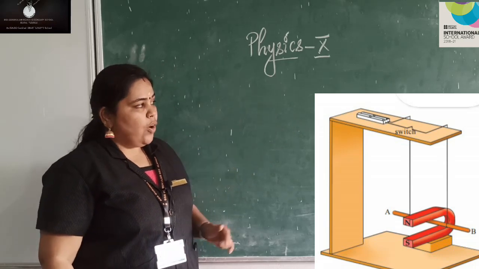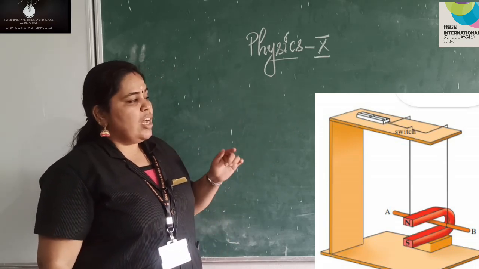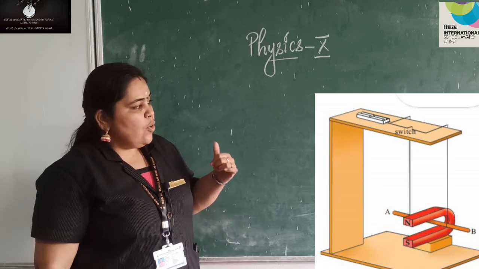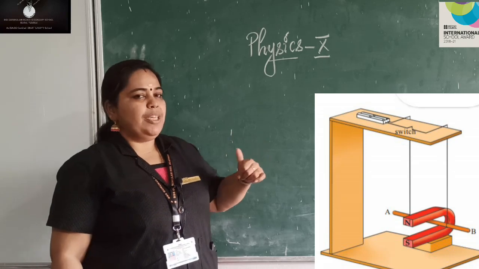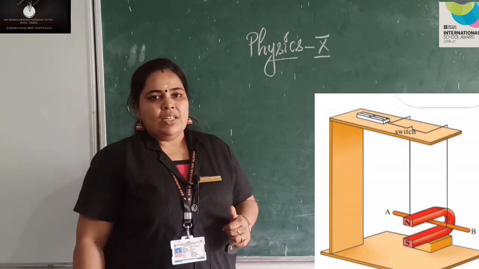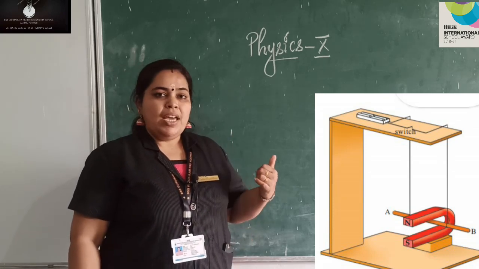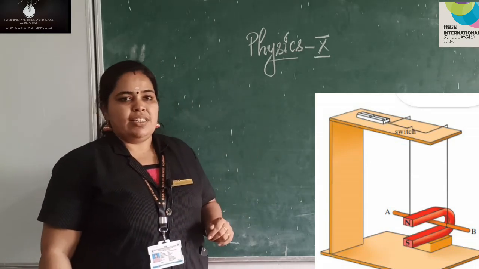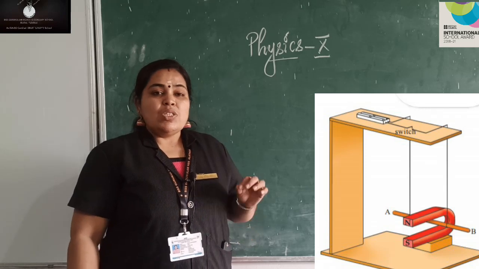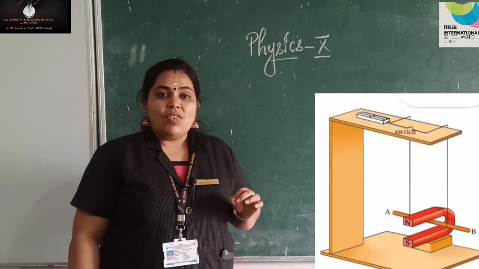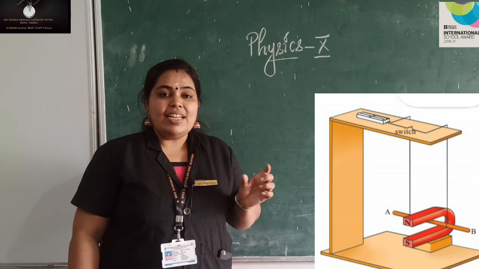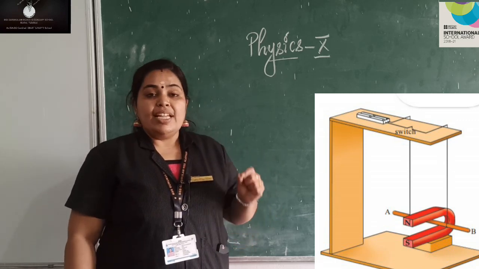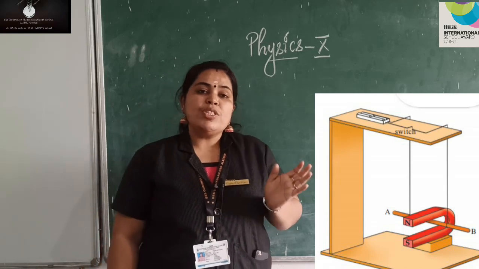When the switch is on, the current starts flowing through the conductor, from A to B, and it is kept in between the magnet. You can see the conductor AB moves to one side.